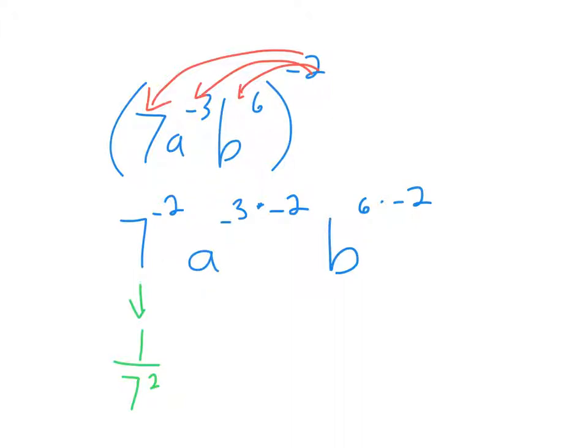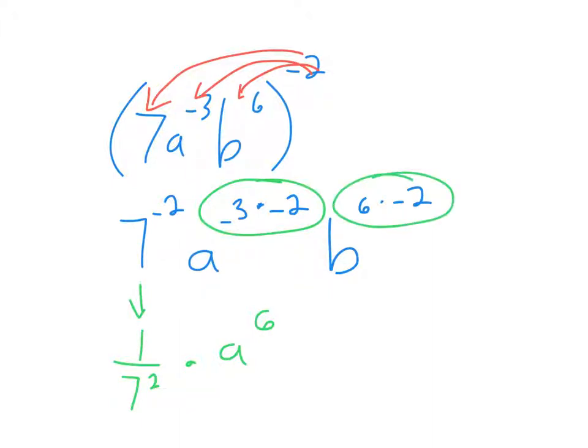When we multiply those two numbers, remember, negative times a negative, -3 times -2 is +6. So that part is just going to simplify to +6, and that's going to end up being on the top. Then looking at these two, +6 times -2, we know a positive times a negative gives us a negative. So this is another place where we're going to have to move something to the denominator. So this is going to be 1 over b to the 12th.